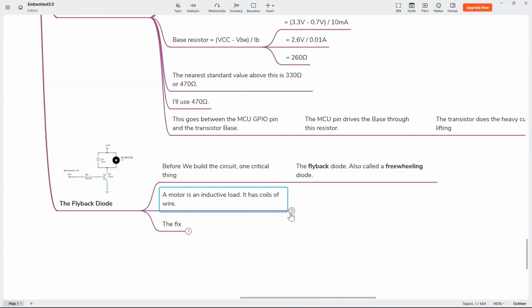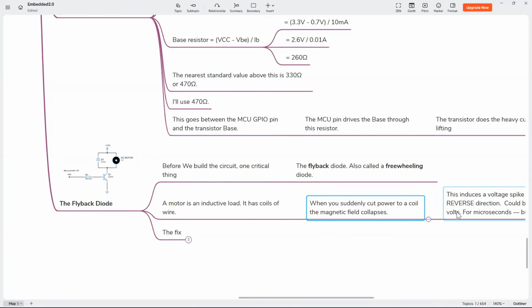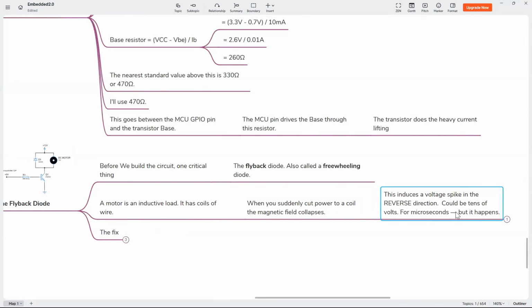Whenever you suddenly cut off the power supply to the coil, imagine the motor is rotating and suddenly you remove the power supply. Because of the motion, it will produce a voltage spike in the reverse direction, because the motor is spinning. The copper coil striking the magnetic field produces some reverse electricity.